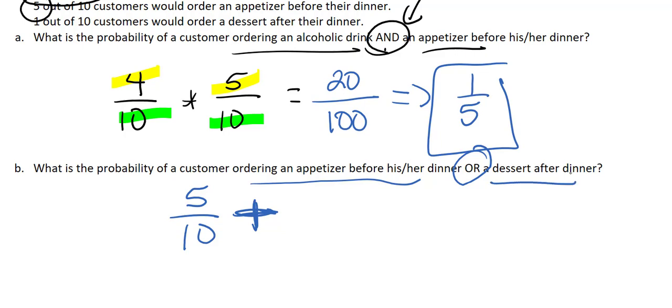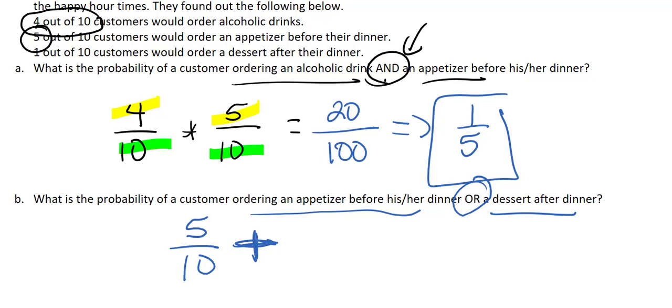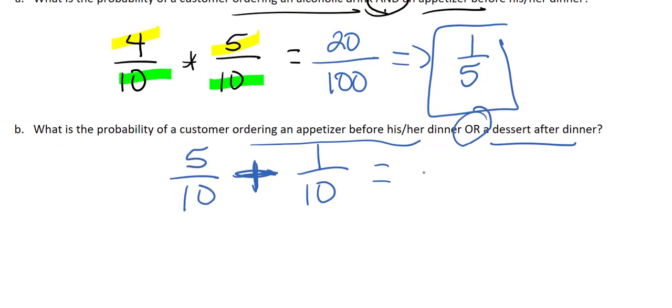Then ordering a dessert, well, that's just going to be 1 out of 10. So we could put 1 out of 10 here. And then we go ahead and just add these two probabilities together, right? So 5 plus 1, right? We just add the numerators and we keep the denominator. So it's 6 out of 10, which can be reduced into 3 out of 5.